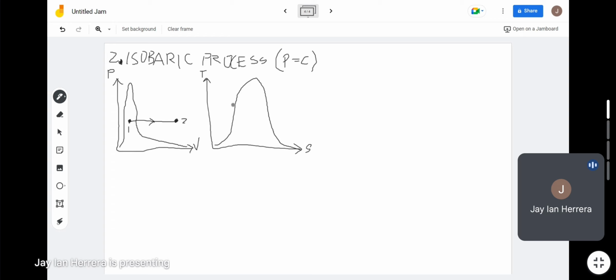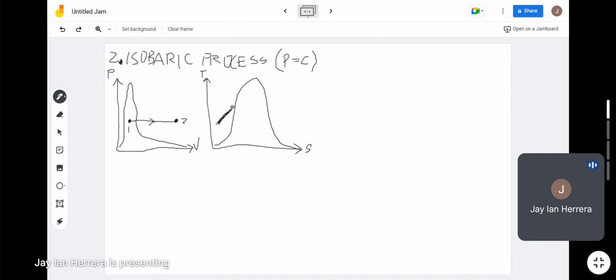Under TS, the movement of pressure is like this. While subcooled, or still water, it slopes diagonally going up, under the subcooled region.